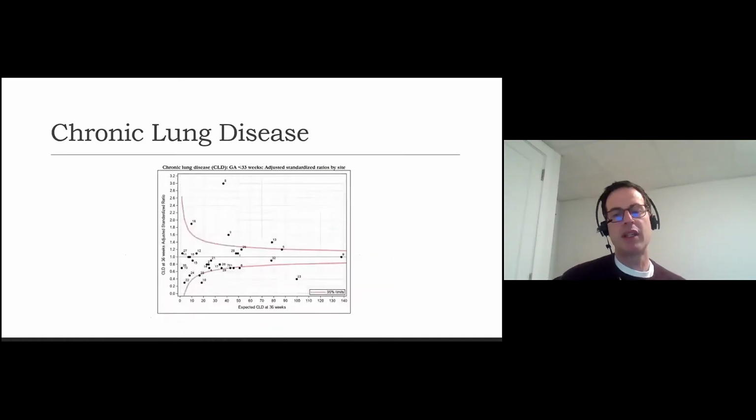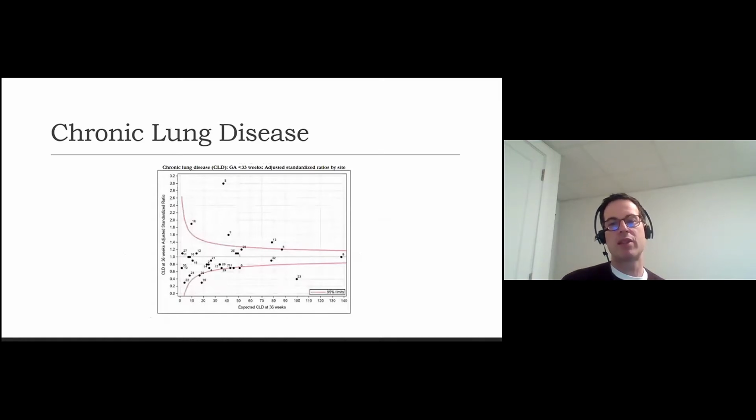I talked at the beginning about the concept of positive deviance. This graph plots expected chronic lung disease at 36 weeks by size of unit, and on the y-axis, the actual chronic lung disease for the unit.